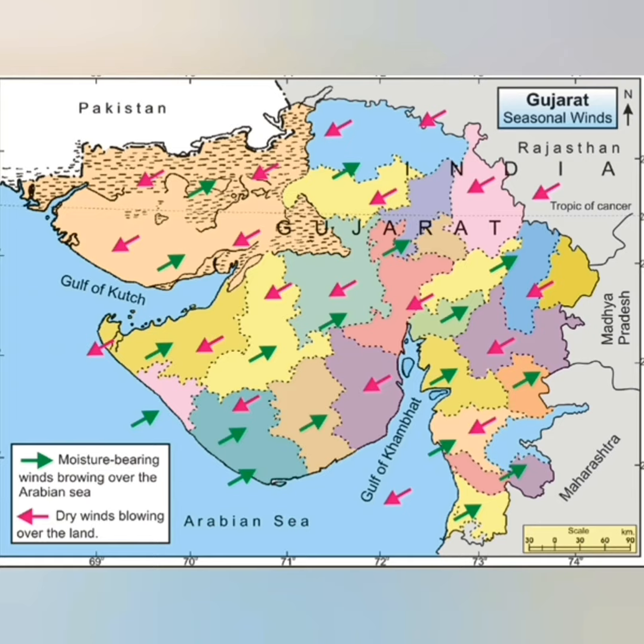Pink arrows suggest the direction of the dry winds blowing over the land. Green arrows suggest the moisture-bearing winds blowing over the Arabian Sea. Such kind of maps are called weather climate maps.